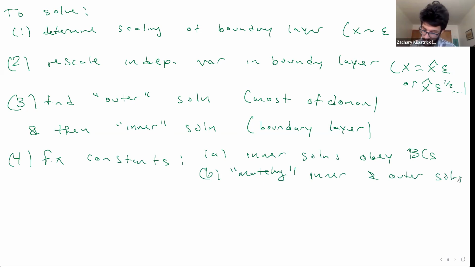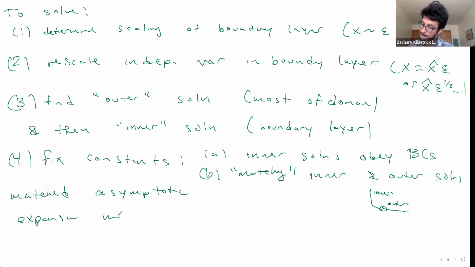So I have my inner solution here and my outer solution here, and we're going to tune constants so that we match those together. And this is then called our matched asymptotic expansion method.